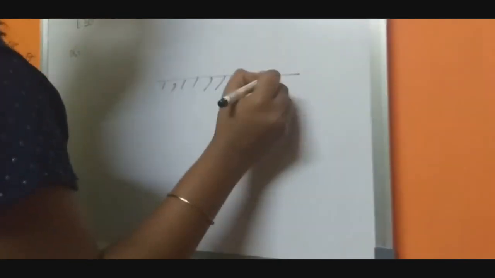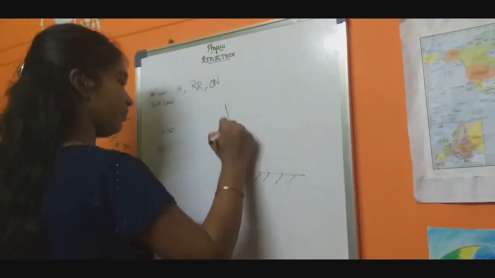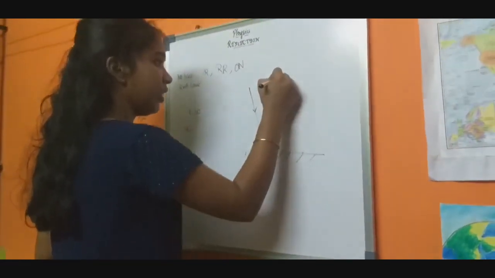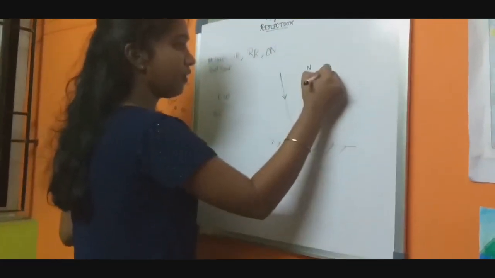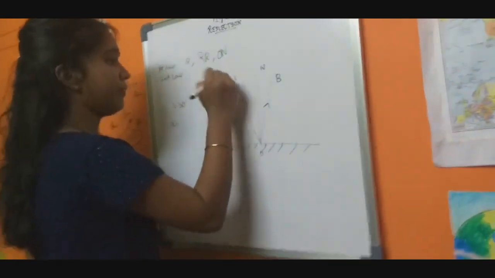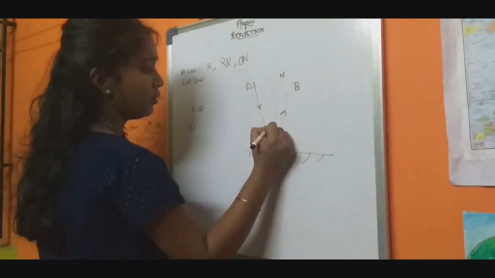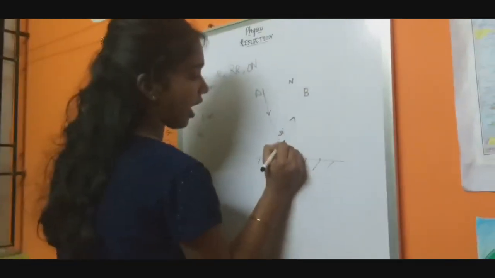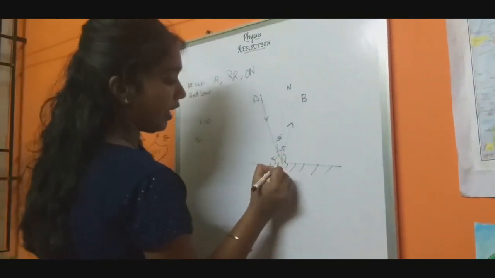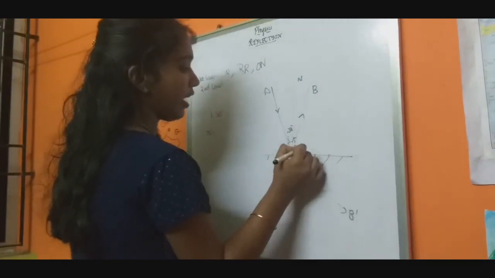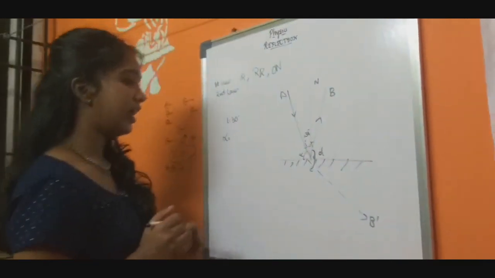Again I will draw the diagram: N, O, B, A. So angle of incidence is 30 degrees, and we should find R, alpha and deviation.